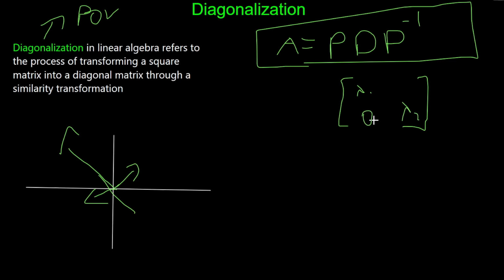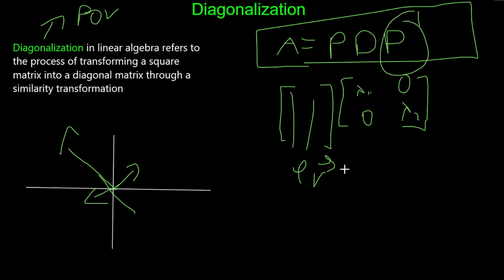So this is a diagonal matrix, and here P is just a matrix whose columns are eigenvectors, and P inverse is just the inverse of the matrix P. If a matrix can be represented in this form, it is diagonalizable.